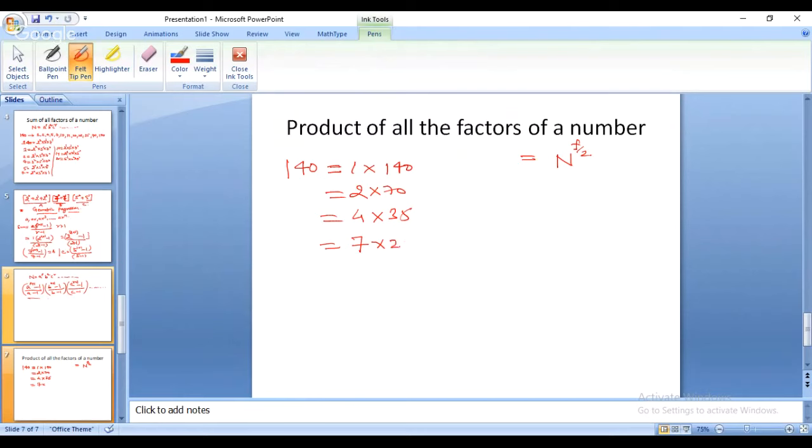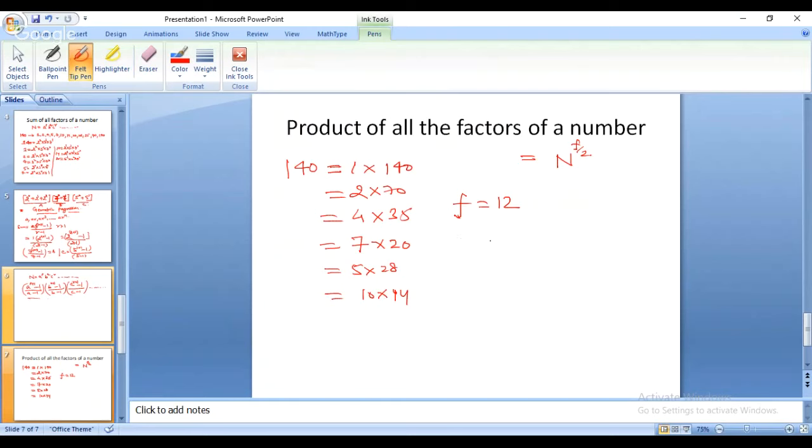We will also get 5 into 28 and 10 into 14. If we multiply all the factors, the number of factors present here is 1, 2, 3, 4, 5, 6, 7, 8, 9, 10, 11, 12. So the number of factors was 12.